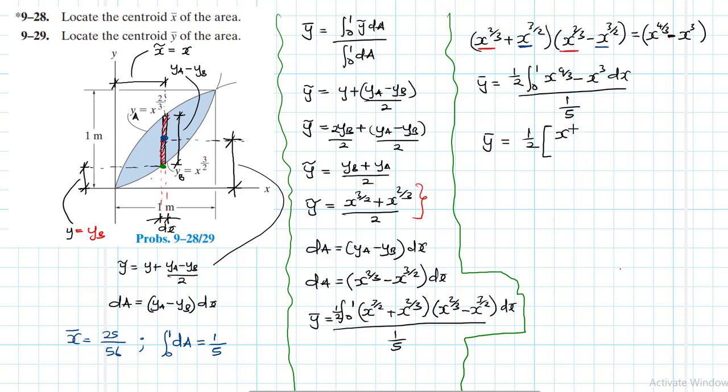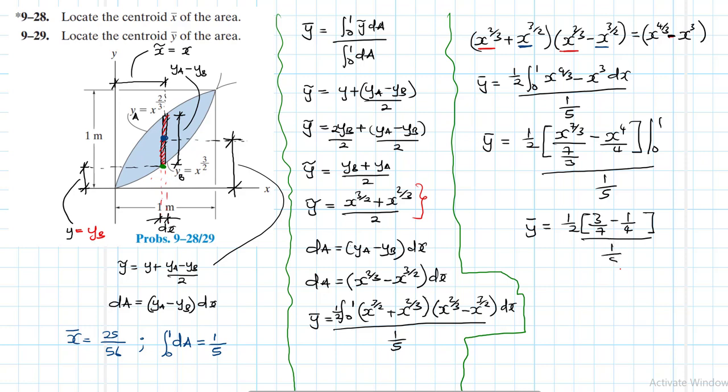Then this one becomes x to the power 7 over 3, divided by 7 over 3, minus x to the power 4 divided by 4, integrating from 0 to 1, divided by 1 over 5, and therefore y bar is going to be equal to 1 over 2, this becomes 3 over 7, okay, minus 1 over 4, and then divided by 1 over 5.